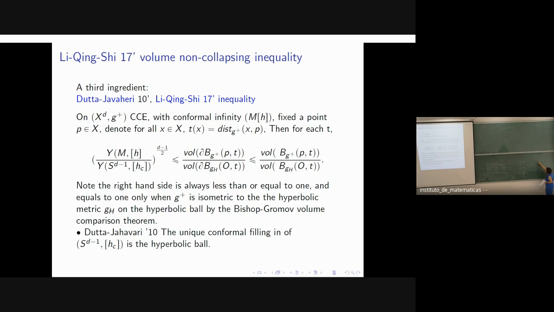Now you are interested in computing the area of gamma t using this G theta t metric, which is G theta restricted to gamma t. We are interested in computing the volume of this.